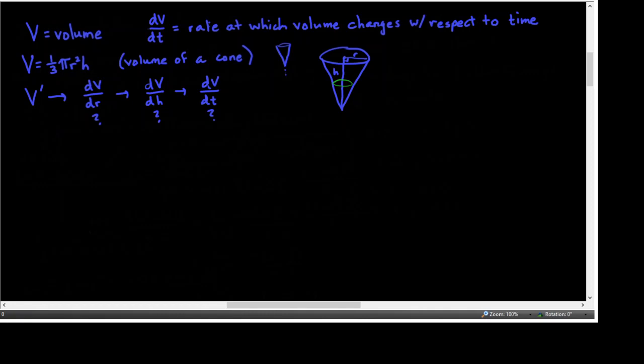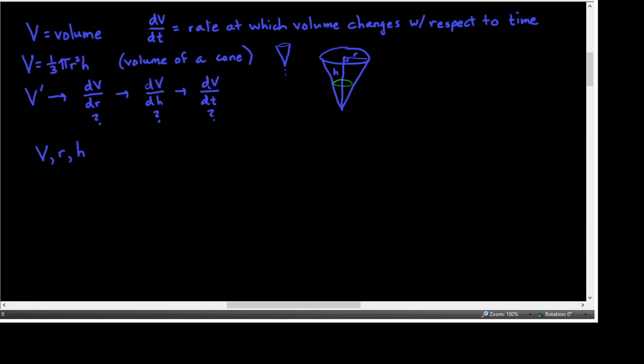Okay, so there's another problem with the equation I just wrote, and that one was chosen on purpose. We actually have three variables in that problem: the volume, the radius, and the height. And so when we take a derivative with respect to time, we've got to be aware that all of those are going to be changing at a certain rate with respect to time.